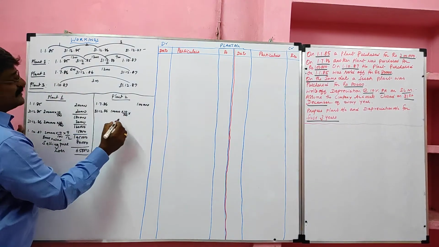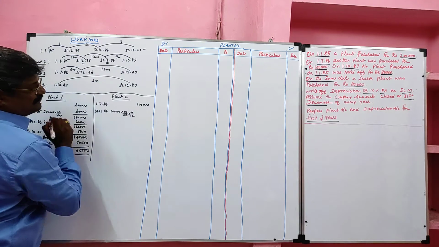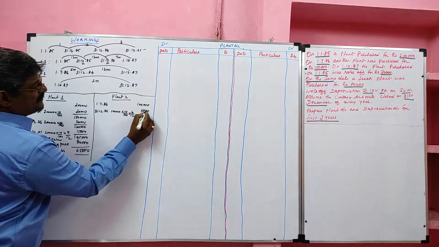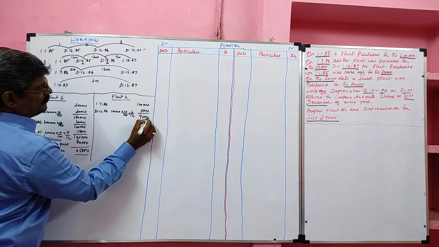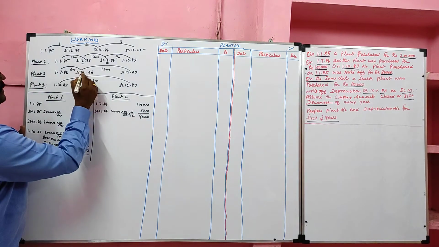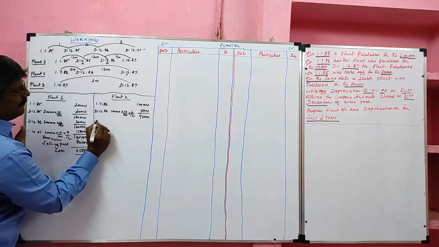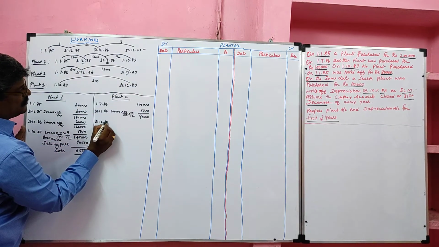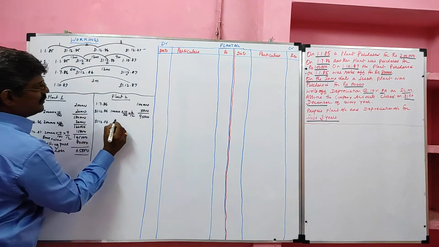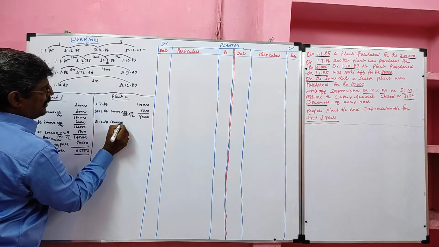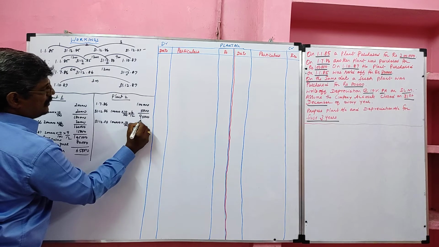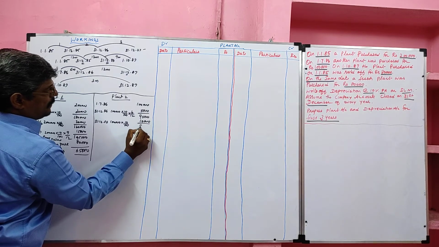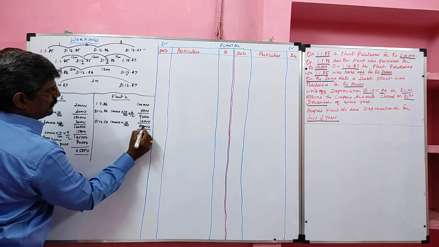For the second plant, in the second year they used 6 months. So 5,000 rupees depreciation, balance 95,000. Then in the third year, how many months was the second plant used? 12 months. So again 1 lakh into 10%, 10,000, balance 85,000.